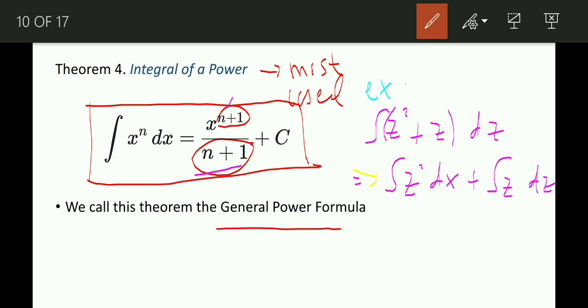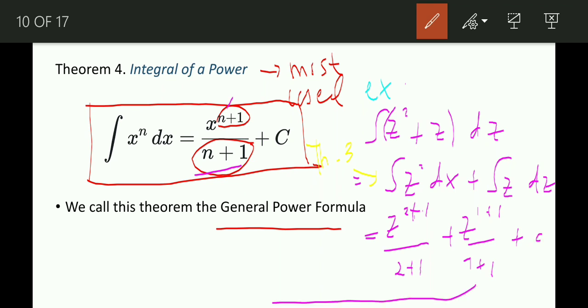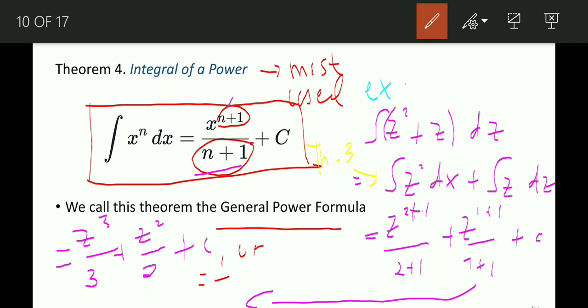Now applying the power rule, z to the power of 2 plus 1 over 2 plus 1, plus the integral of z dz, which is z to the power of 1 plus 1 over 1 plus 1, plus c. Simplifying, we will get z cubed over 3 plus z squared over 2 plus c. Or we can also simplify this final answer to 1/3 z cubed plus 1/2 z squared plus c. So this is an example of integration where many theorems can be applied.